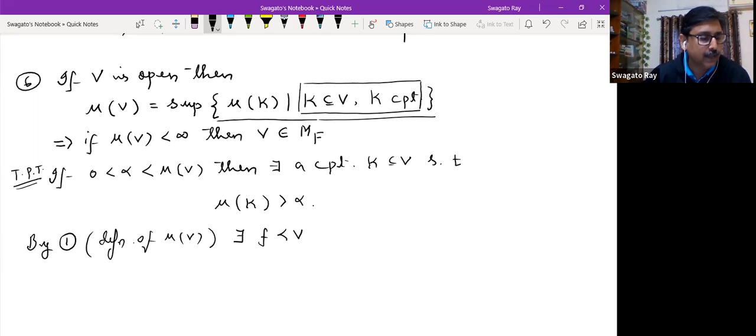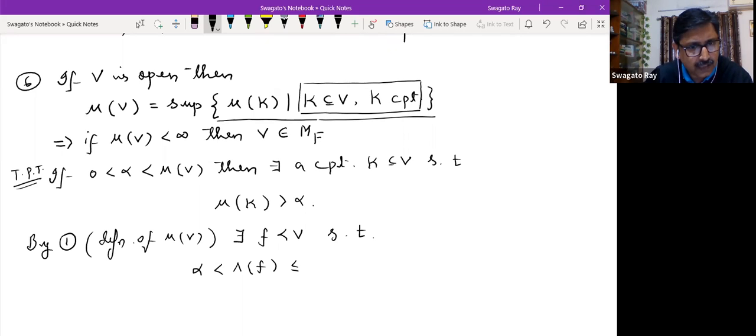in V such that this happens. See whether you agree with me or not. Alpha less than lambda F, and this is less than or equal to... What can I say? There exists an F. I know that.